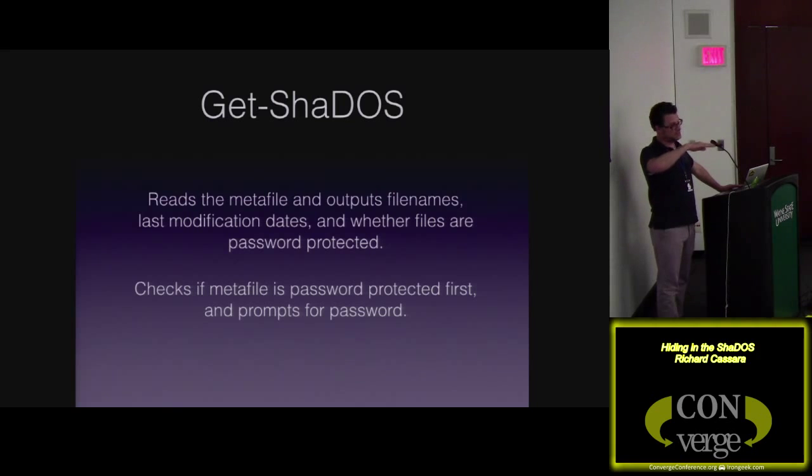So it has the meta file stream and then another stream called password. If password exists and is set to 1, then this knows that file's password protected, and it will prompt you for a password to decrypt your meta file first. If password doesn't exist, then it's just going to assume that that's plain text, and it's going to read it out.